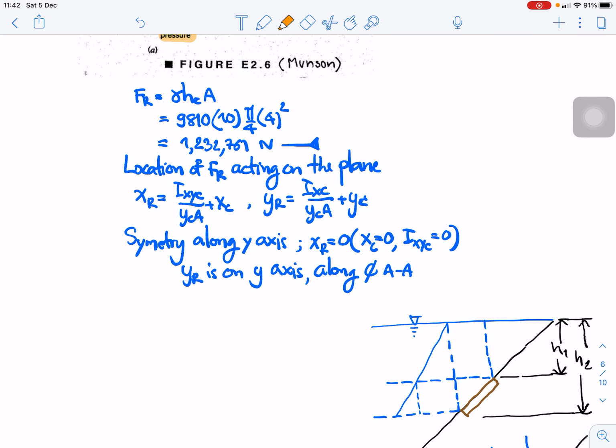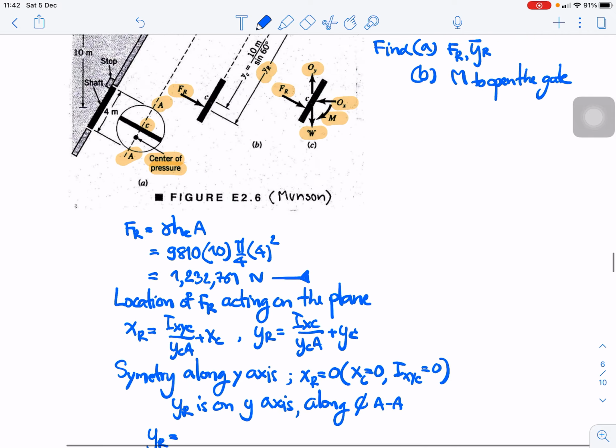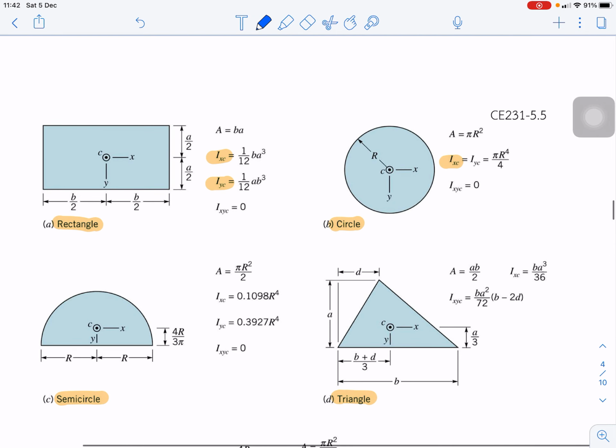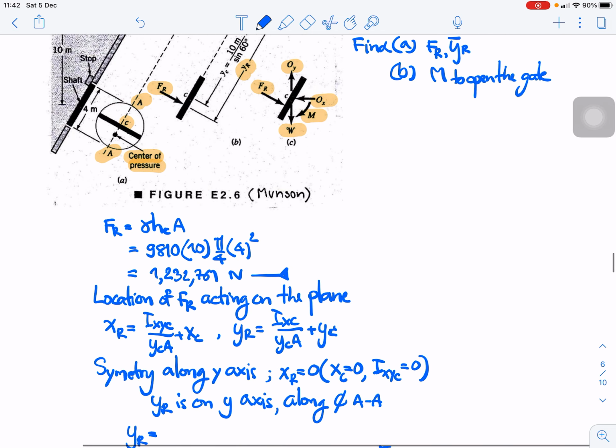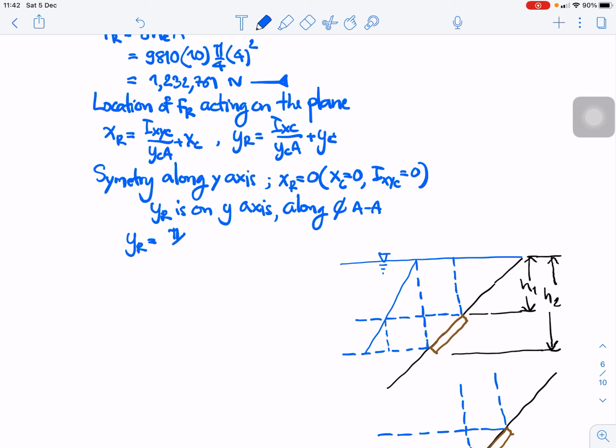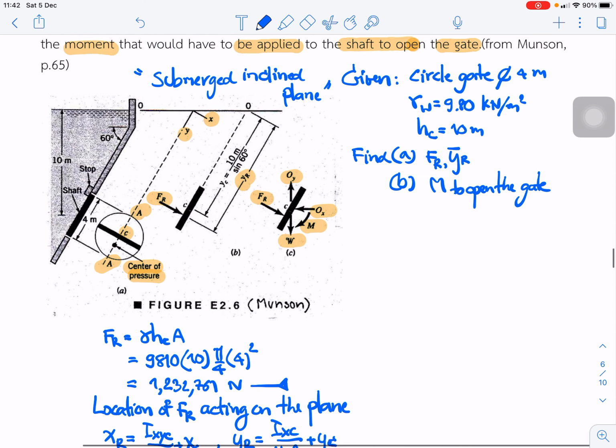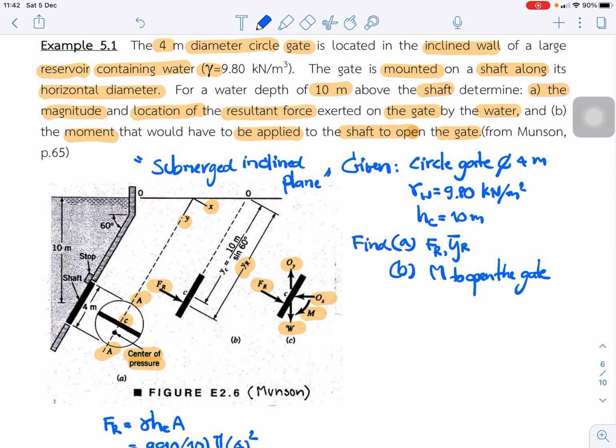And next we find yR. So yR involves the moment of inertia Ixc for the circle, which we can look back to: pi r^4 divided by 4, divided by yc A. yc is equal to 10 divided by sine 60, because this is yc.